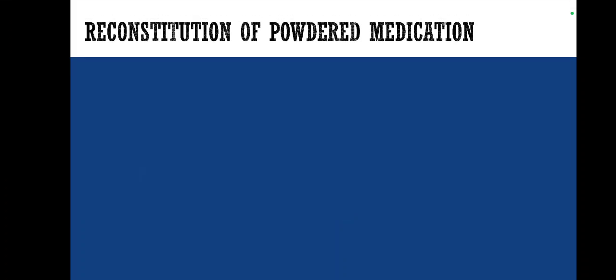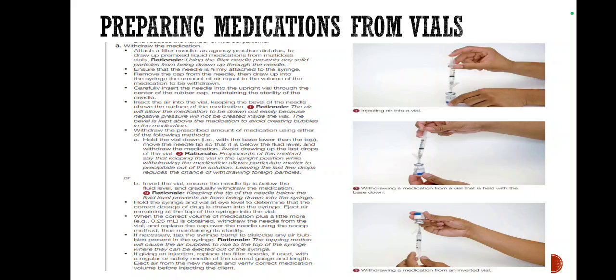My video was not entirely removed here, on how to do reconstitution of your powdered medication. Usually vials can be in liquid form or powdered medication. For a vial with powdered medication, you have to check the hospital's policy on the dilution: how many ml of PNSS or sterile water should be used to dilute the powdered medication.